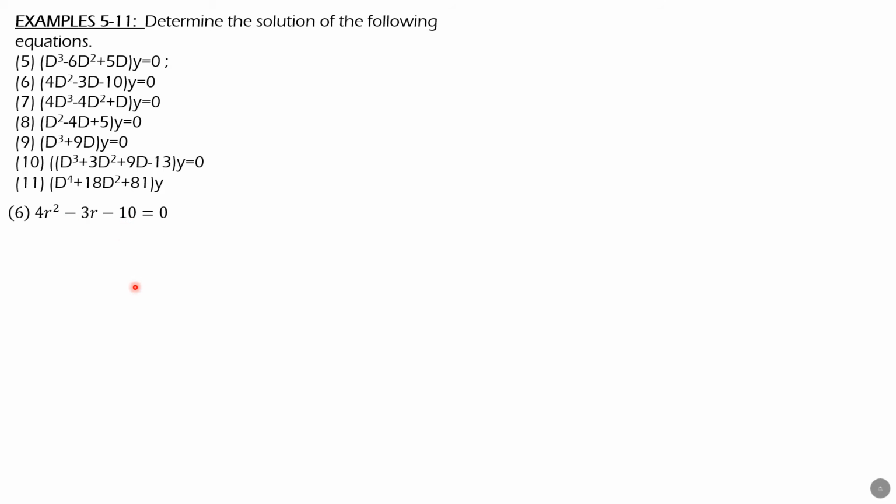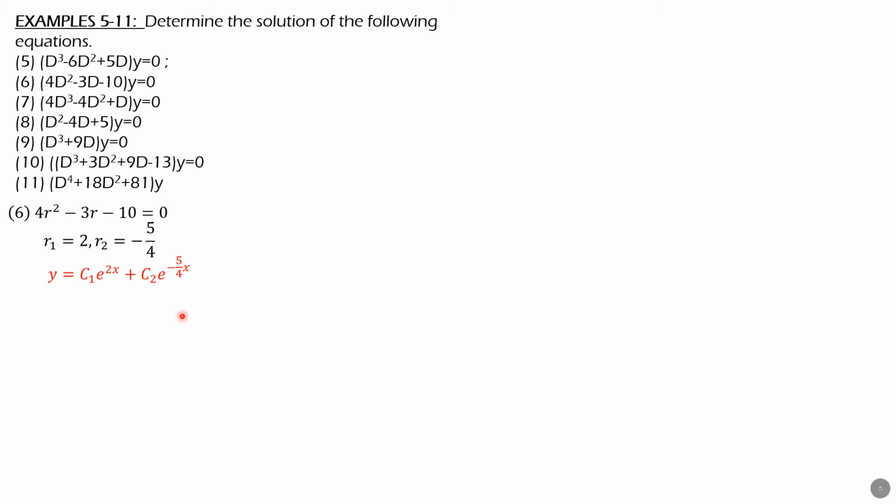So this is quadratic, expect two roots. The roots are r1 equals 2, r2 equals negative 5/4. So therefore, because these are distinct real roots, the solution should be y equals c sub 1 e to the 2x plus c sub 2 e to the negative 5/4 x. So that's the solution to example 6.